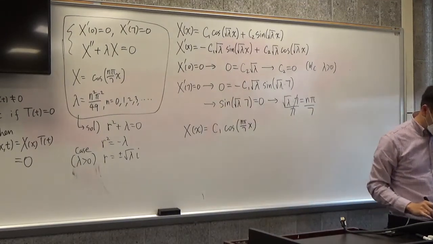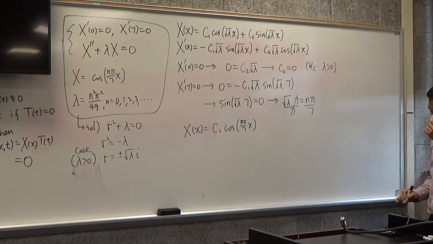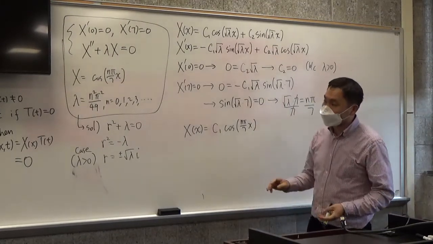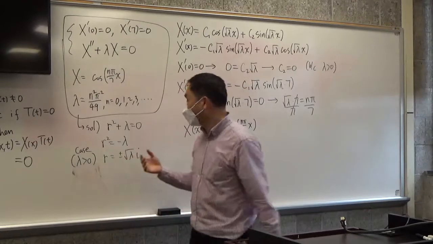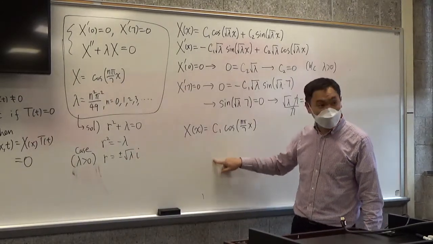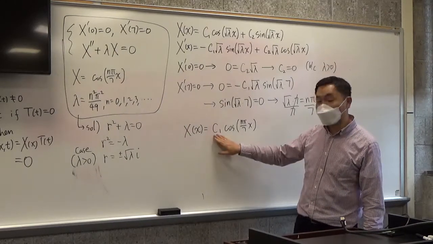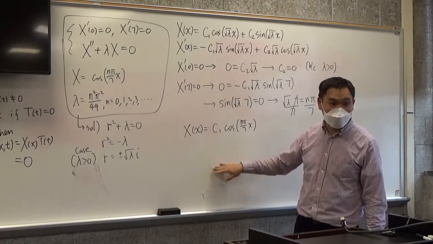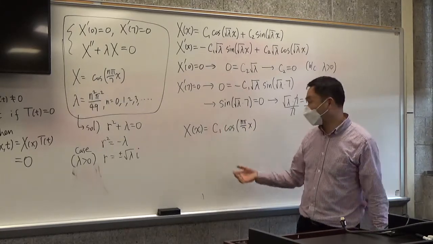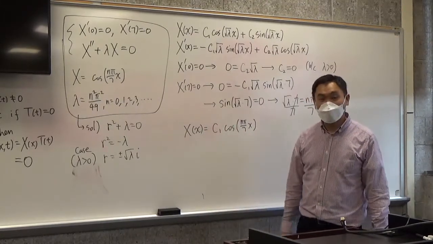And we just need to have one solution. So the thing is, if we find the T of t, it will also come with some constant in front. So you have some arbitrary constant here and an arbitrary constant in T of t, and they multiply together, so they just make up another random number.